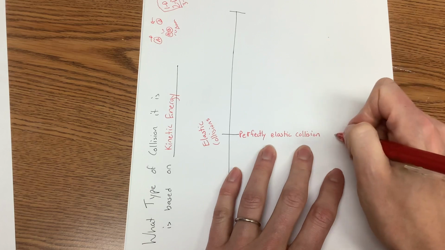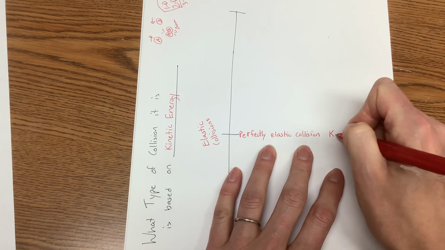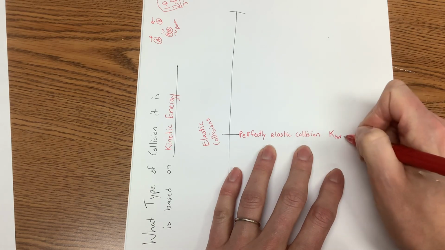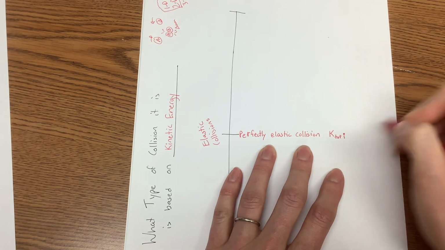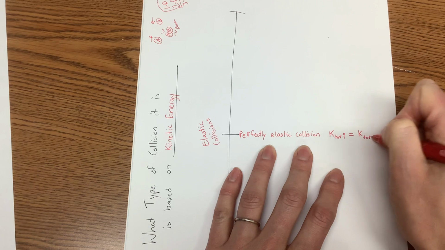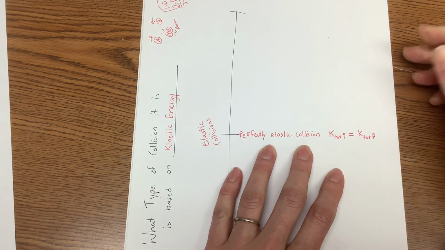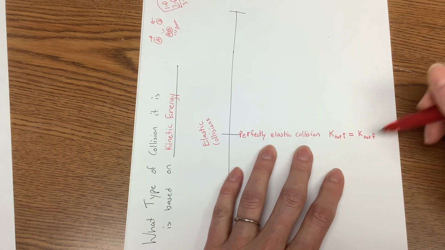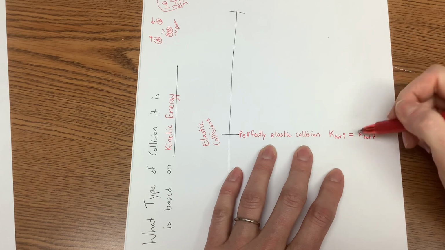In a perfectly elastic collision, the total kinetic energy before is equal to the total kinetic energy after. Okay, so the initial total kinetic energy and the final total kinetic energy are equal.